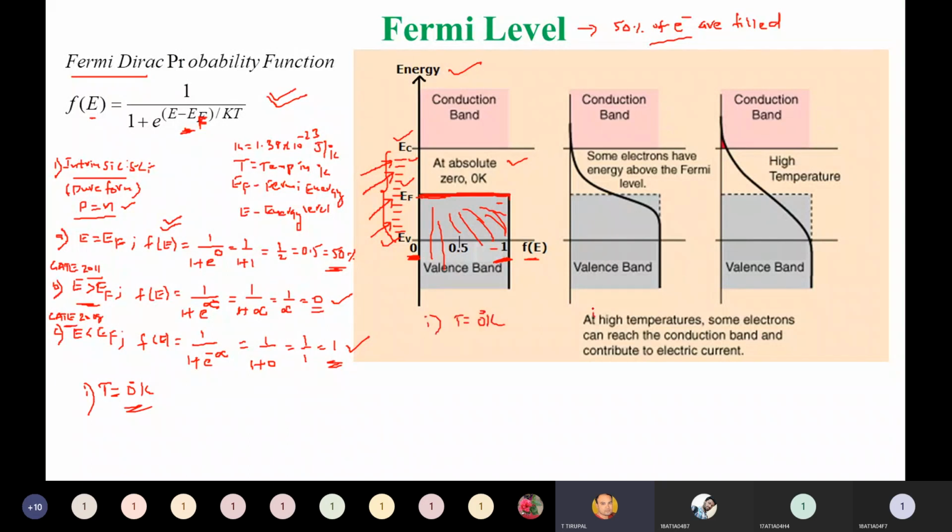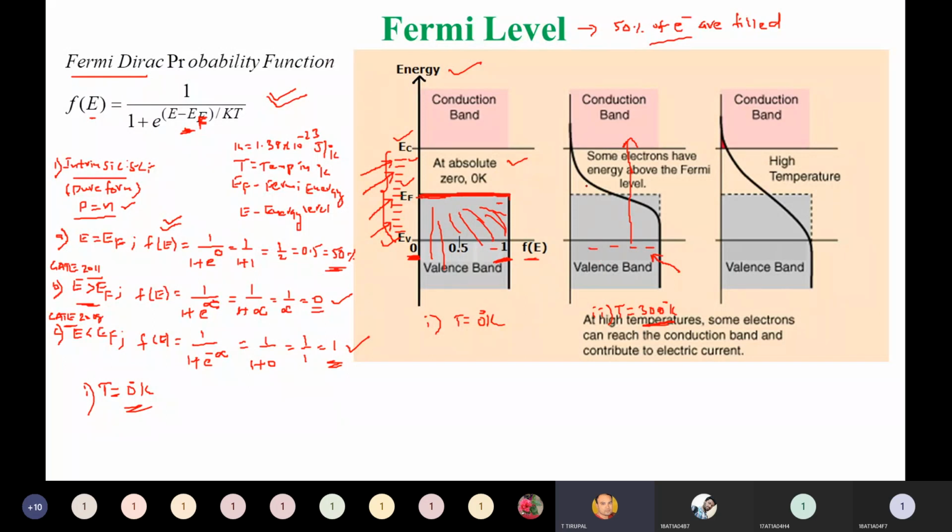Now suppose case 2, as temperature rises, T is equal to some 300 degree Kelvin, room temperature. What happens at higher temperature? The electrons present in the valence band take energy from temperature and jump from the valence band to the conduction band. So there will be empty states in the valence band and filled states in the conduction band.